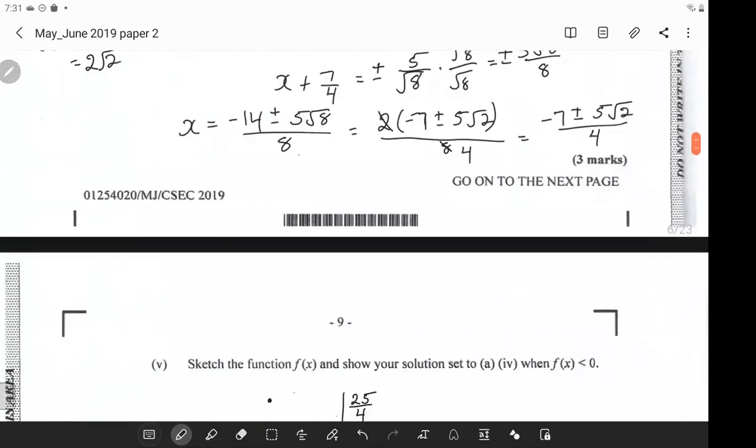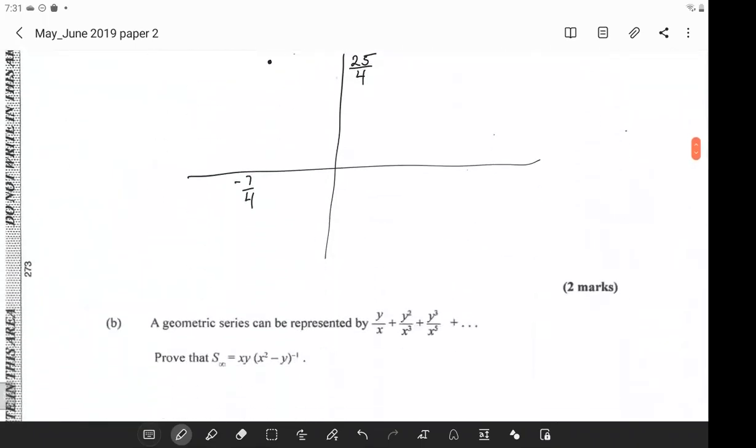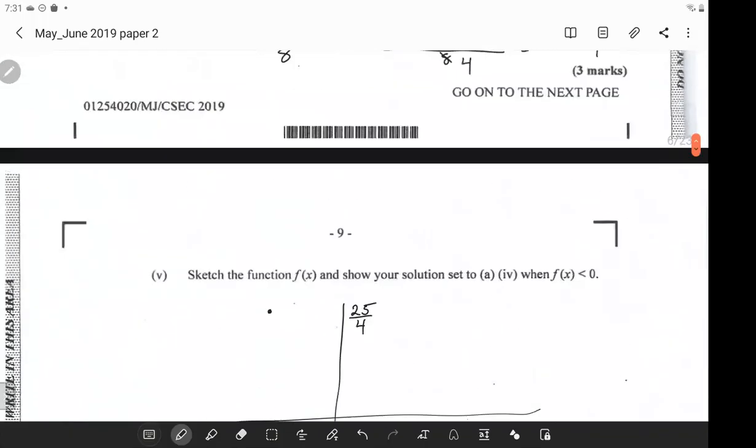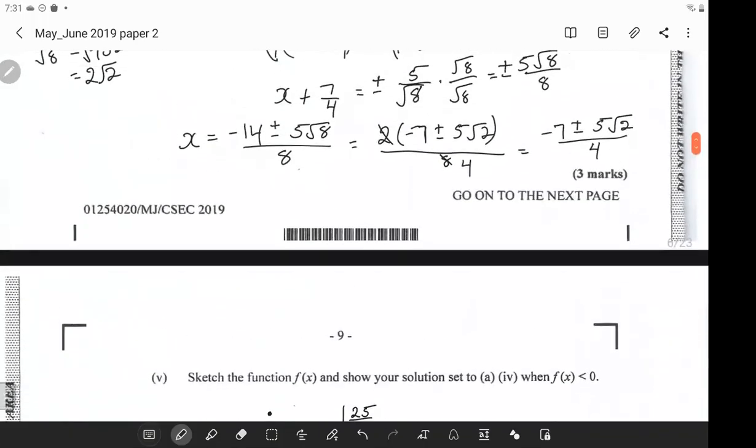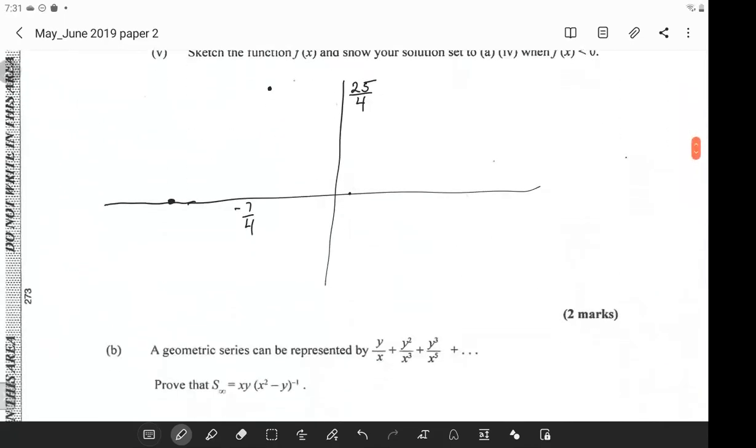We have two roots, one at (-7 minus 5√2)/4, that is right here somewhere, and our other root at (-7 plus 5√2)/4. You could check to see if that is positive or negative. Right, and that is positive, a very small positive number, but it's positive nonetheless.